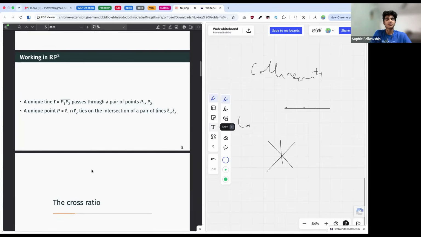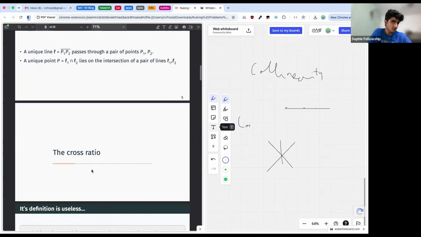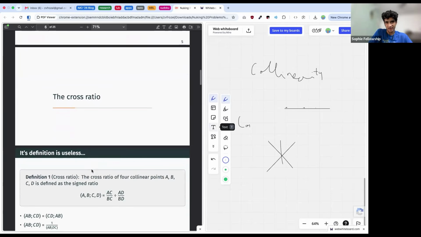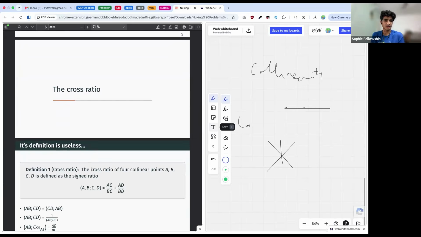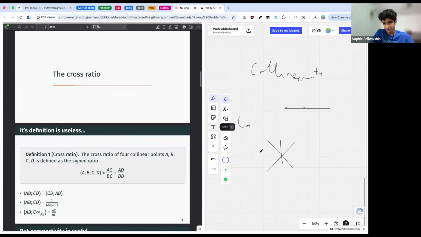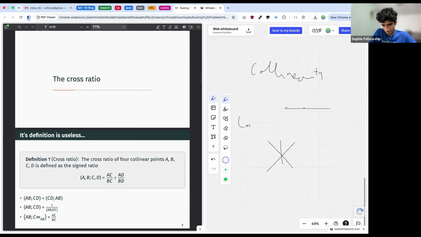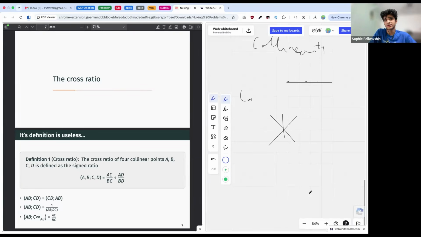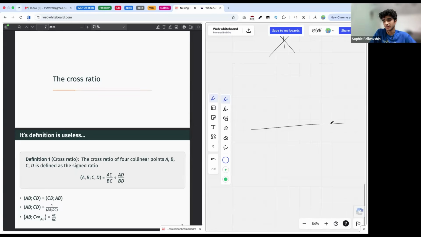Anyways, through that, we have this one quantity called the cross ratio. Now I'm going to define the cross ratio, and it seems like a very stupid definition at first, but bear with me. You have 4 points that lie on a line, and they don't need to lie in order, they can lie in any order.